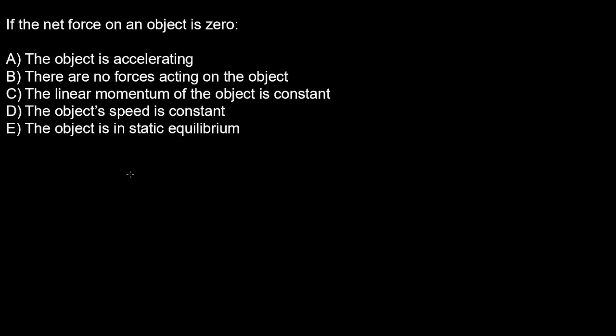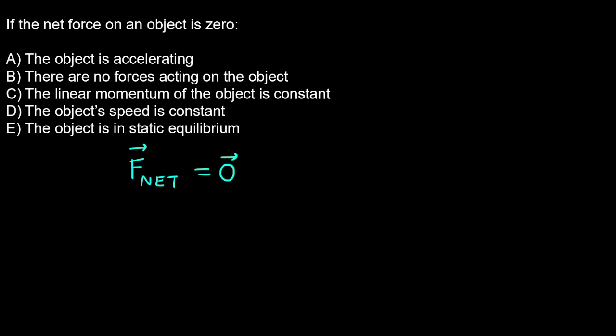If the net force on an object is 0, which of the following is true? So A is false because the object is not accelerating. There are no forces acting on the object, which is also false because there can be forces acting on the object that cancel each other out.